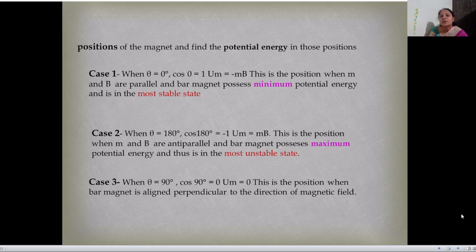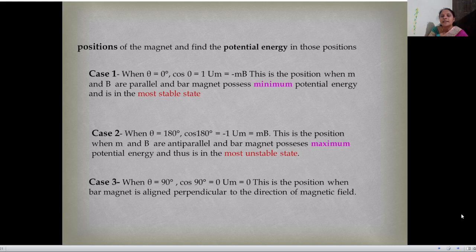Case 1: when θ is 0 degrees, cos θ is equal to 1 and potential energy is minus mB. This is the position when m and B are parallel, and the bar magnet possesses minimum potential energy and is in the most stable state.